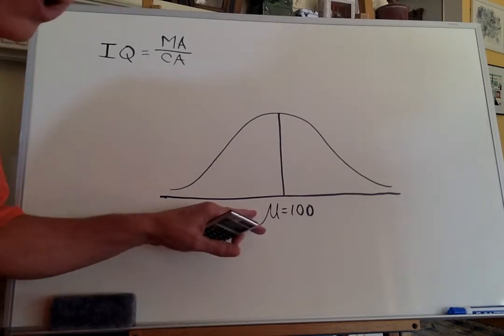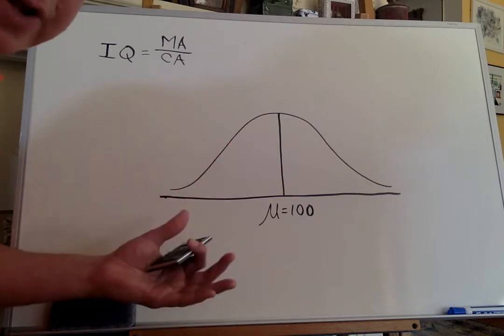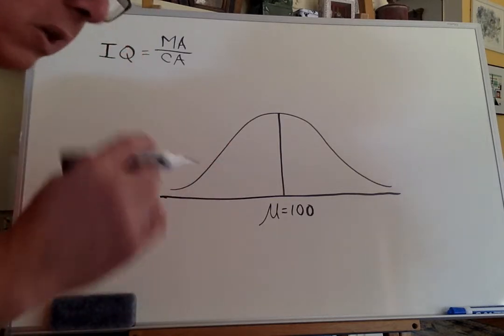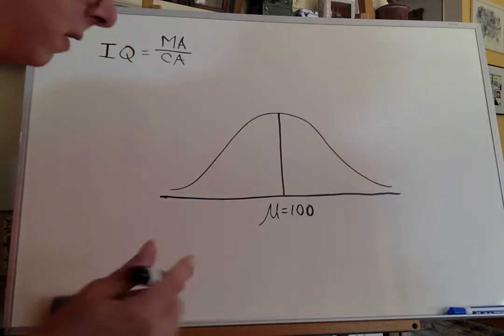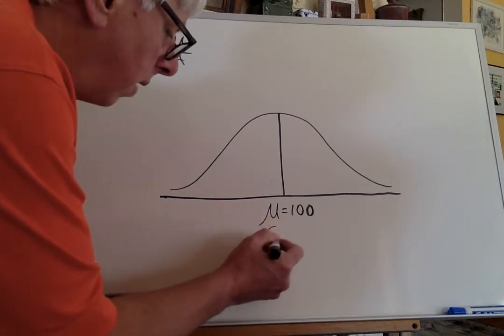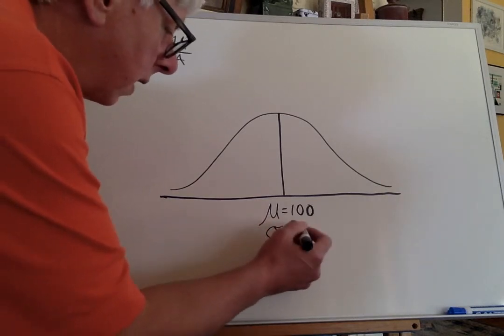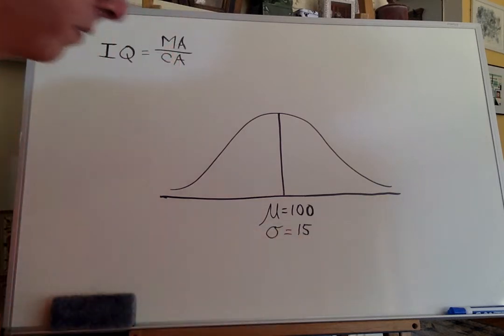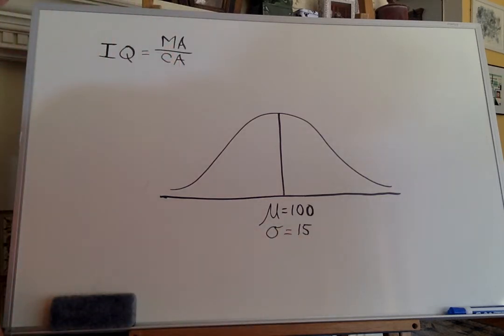The mean is 100. By definition, that's the average. But so many millions of IQ tests have been given, we sort of know what the standard deviation is, and that is the standard deviation is 15. Okay? Those are generally considered the population parameters for IQ scores. All right, well, big deal. All right? Well, here's what we can do.